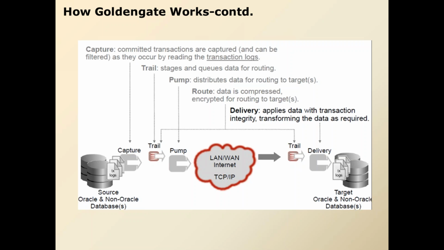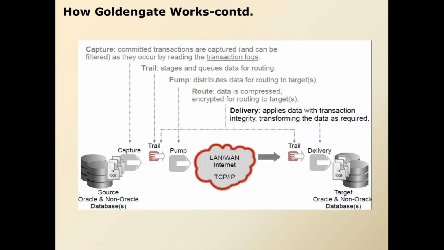So the capture process captures the data from the transaction logs and writes it to local trail. Trail files are the storage. These are binary format files, similar to the archive logs of the database.